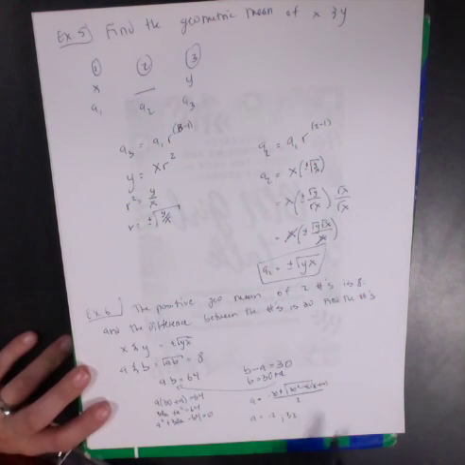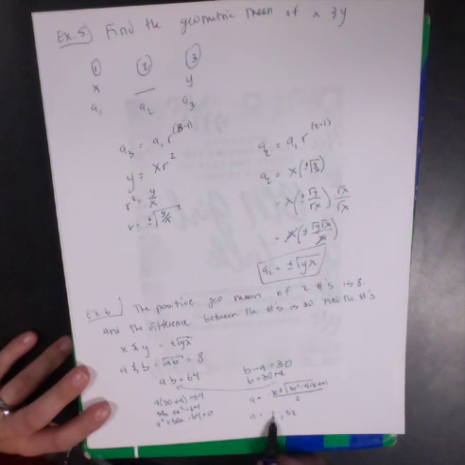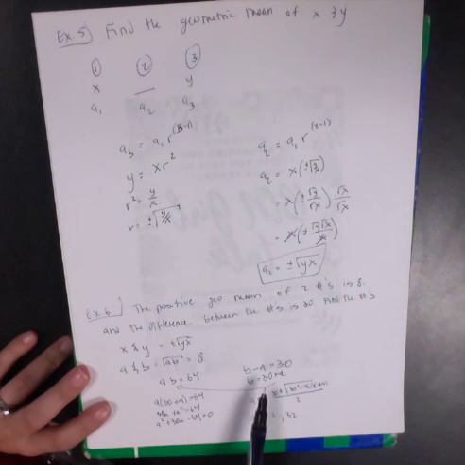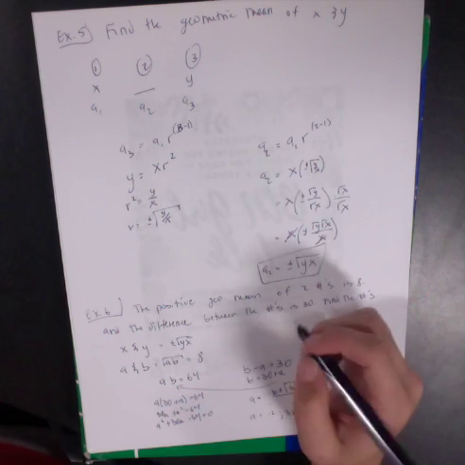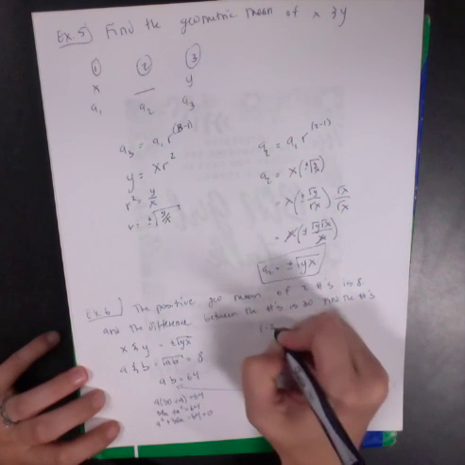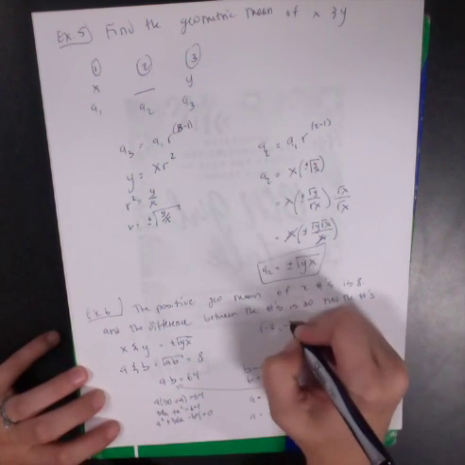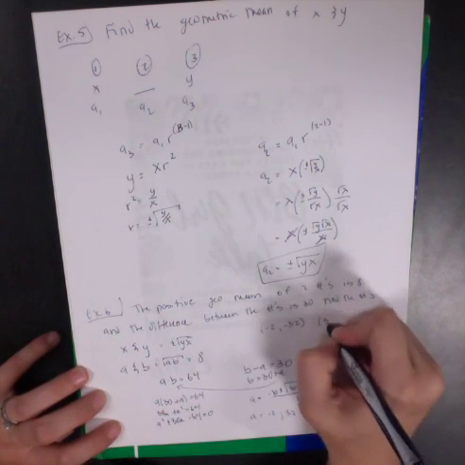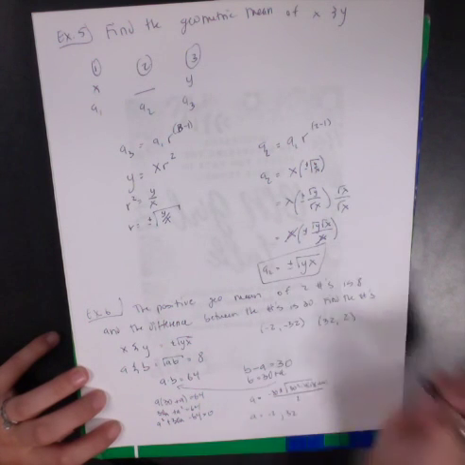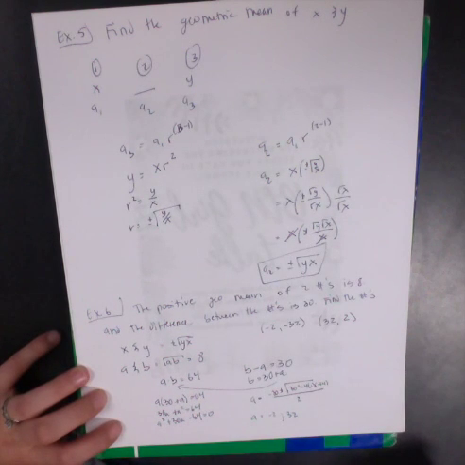Which means I have two possible numbers, right? So if a is negative 2, then b, right, so I'm going to write it as an ordered pair. If a is negative 2, then b would have to be 32. And if a was 32, then b would have to be 2. So the difference between them is 30.